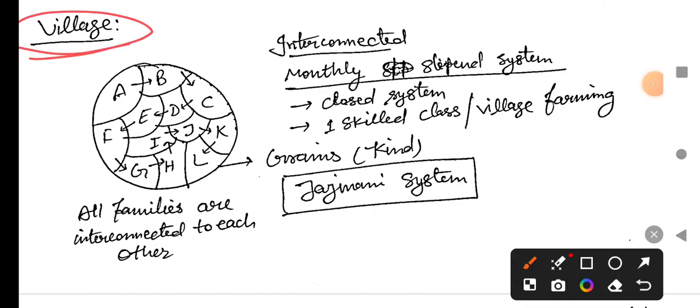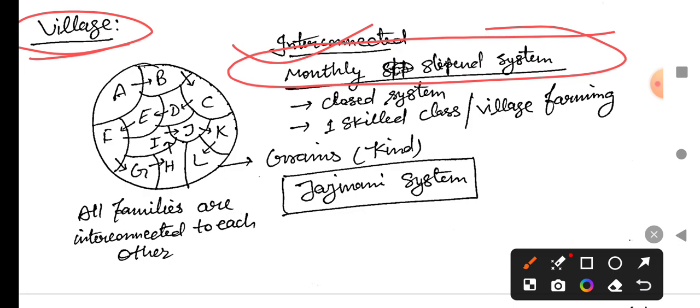In the village system, we are going to see that villages during that time period were interconnected among each other. A monthly stipend system, monthly salary and monthly tax, was given collectively by these villages to the state, and these were closed systems, and one skilled class was the village peasantry.